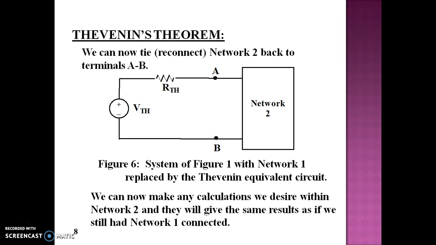Now we can reconnect the equivalent network to the network 2, thereby helping the analysis to an easier one. Now we can make any calculations we desire with the help of network 2, and they will give the same result as if we still had network 1 connected.